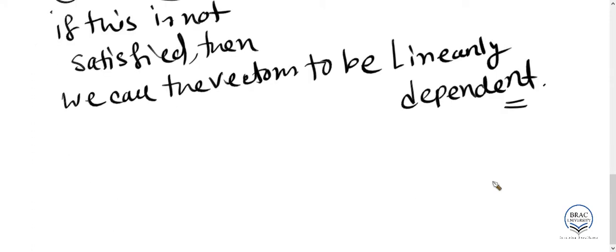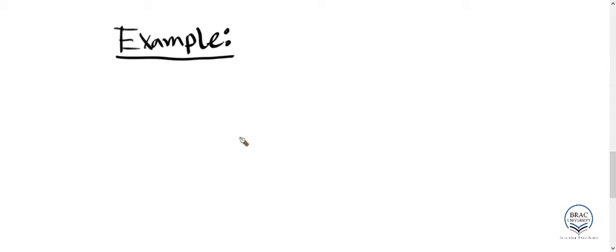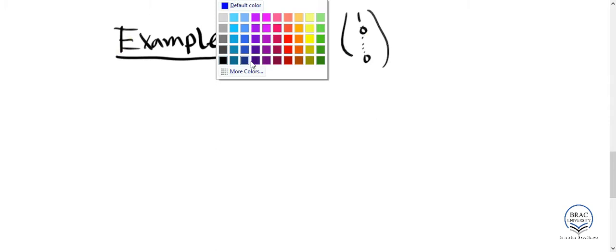Now let's try to see another example. So we call this thing, let's say, example. In our example, we want to take v1 as a column vector, and in this example, let me just write it in a few words.